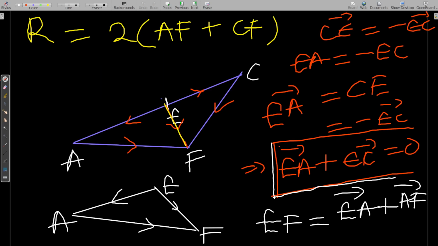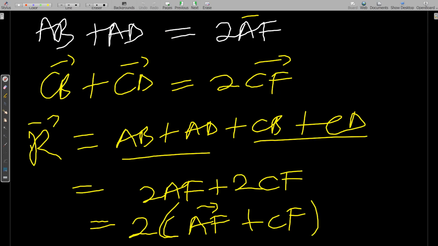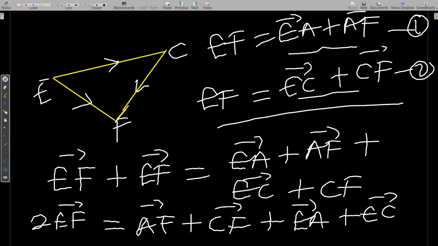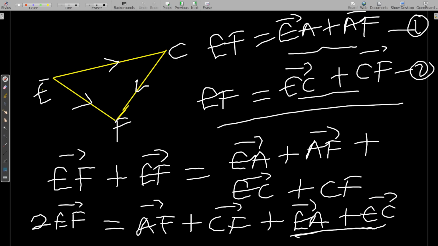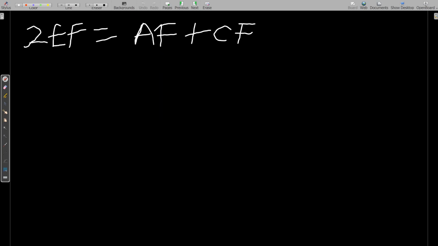EA plus EC should give you what? 0. We deduced that first. So that means this part is actually equal to 0. So you have 2EF being equal to AF plus CF.